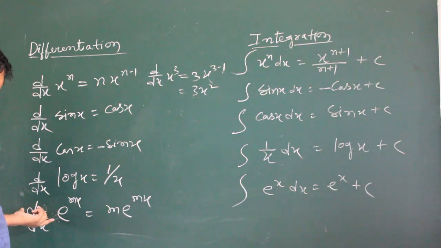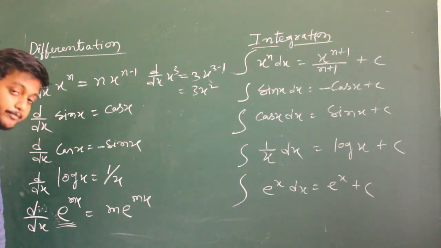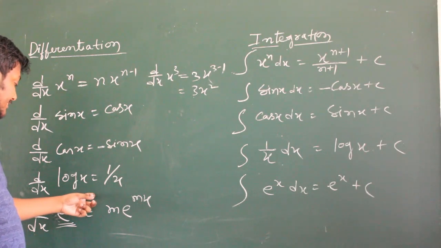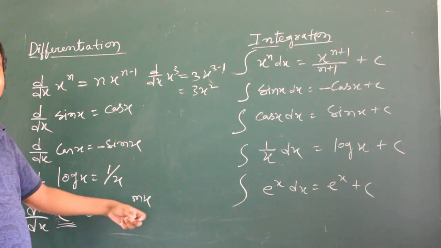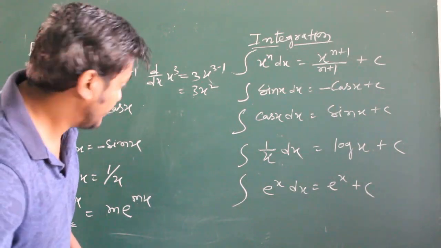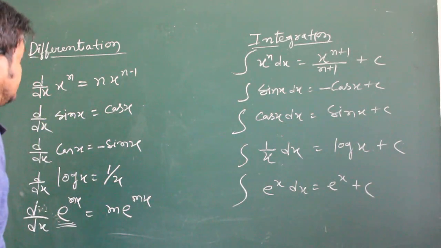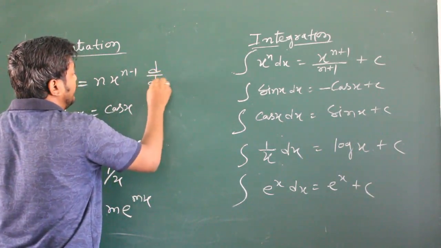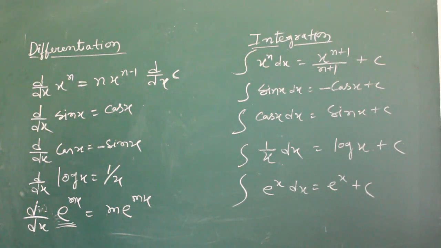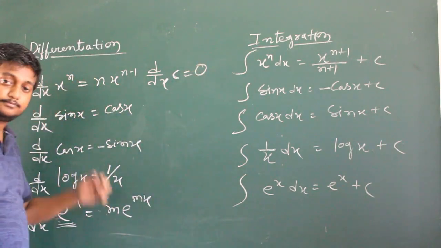Next is d/dx of e to the power mx. This is the exponential term e. So d/dx of e to the power mx gives us m into e to the power mx. Another formula: d/dx of any constant c is equal to 0.